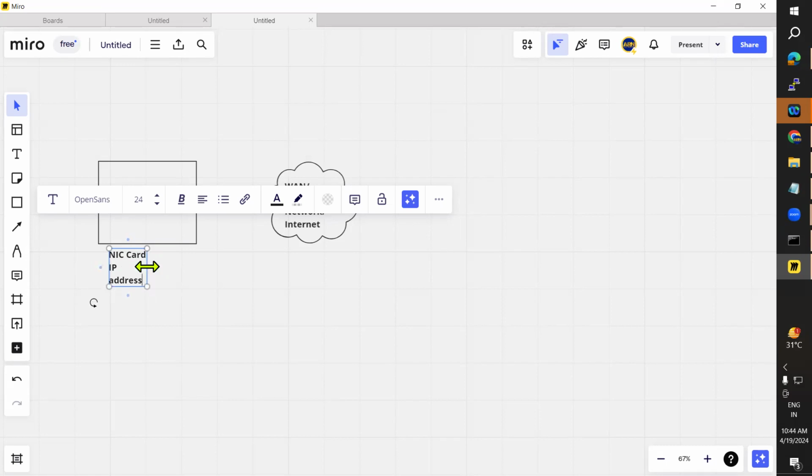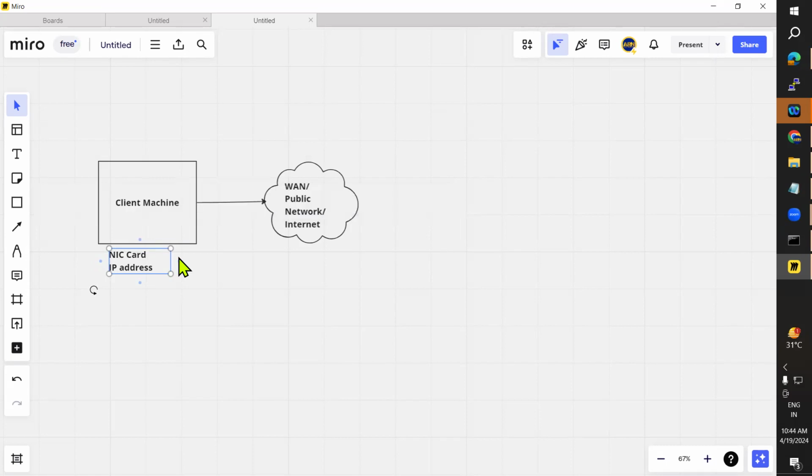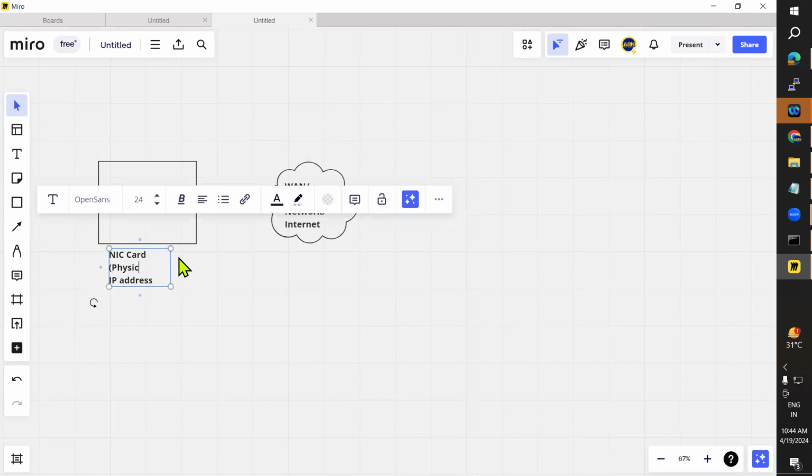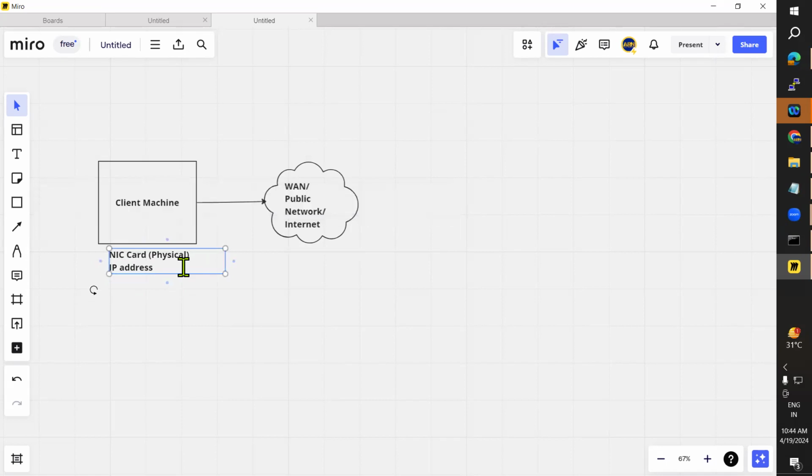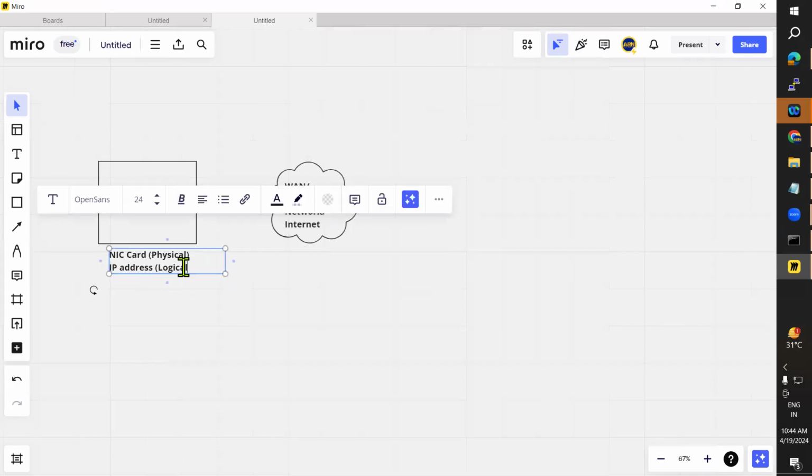Without these two... this is the physical thing, and this is the logical thing. IP address is logical and NIC card is physical, like SIM card is physical and mobile number is logical. Can we touch a mobile number? No, right? It is logical.